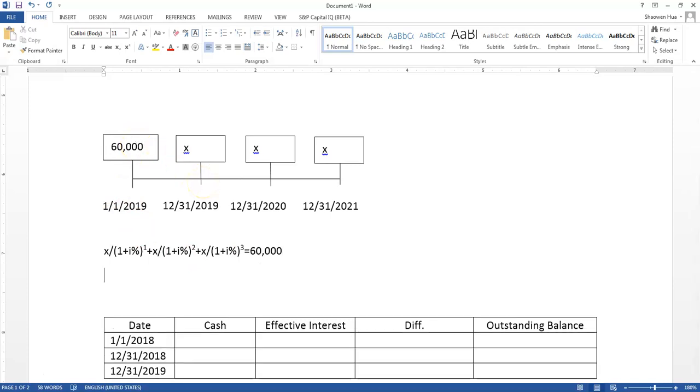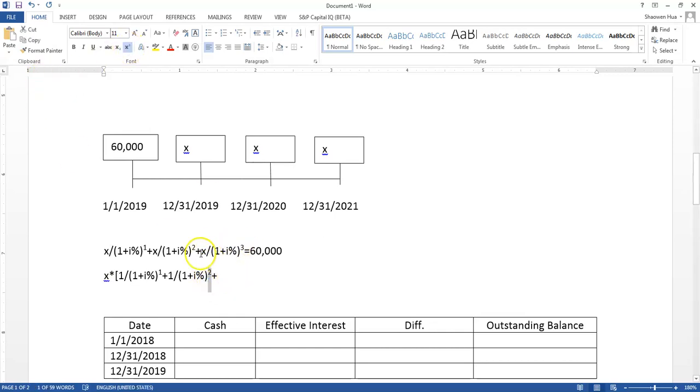And we can rewrite this formula by pulling X out. The first element here is 1 over 1 plus interest rate, power of 1. And the second element, with X being pulled out, becomes 1 over 1 plus interest rate, power of 2.